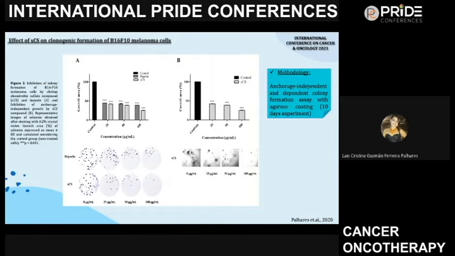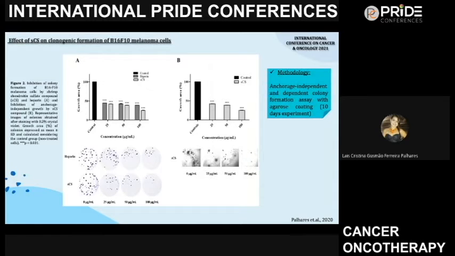And you see very clearly here that when you treat those cells with different concentrations of the compound, you see a very significant decrease in colony formation. That was quite interesting because this is a long-term experiment, and the compound showed this effect, both anchorage independent and dependent.